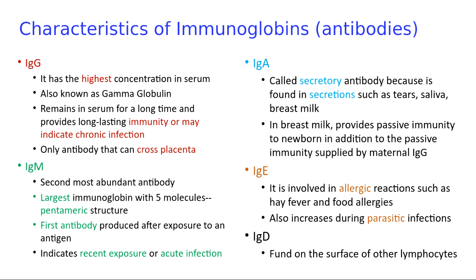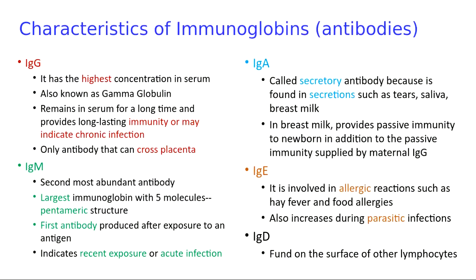We can also find IgEs. IgEs are involved in allergic reactions, and they increase hugely in number whenever there is a parasitic infection.